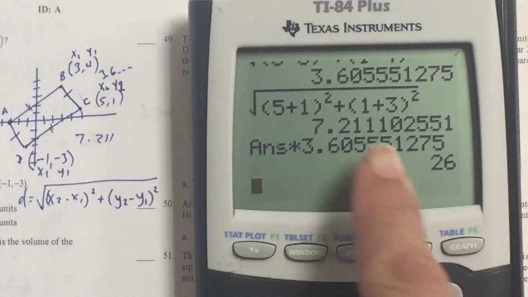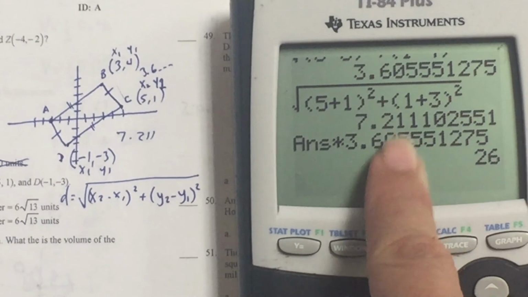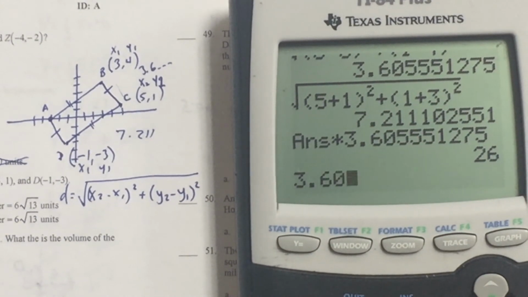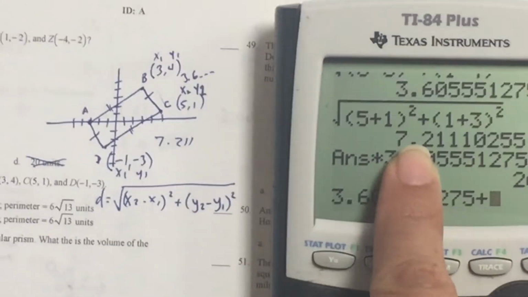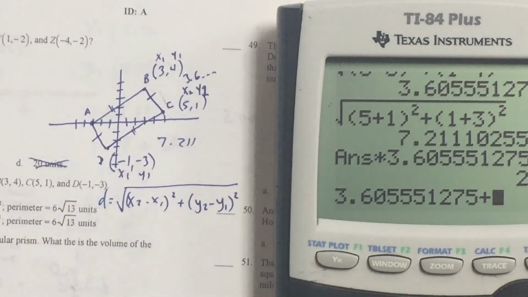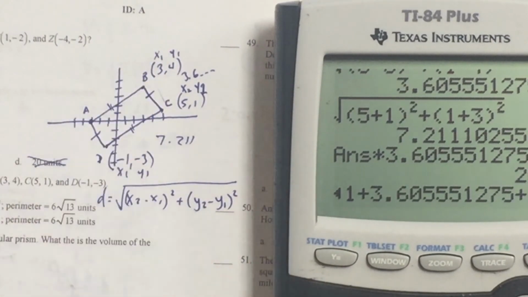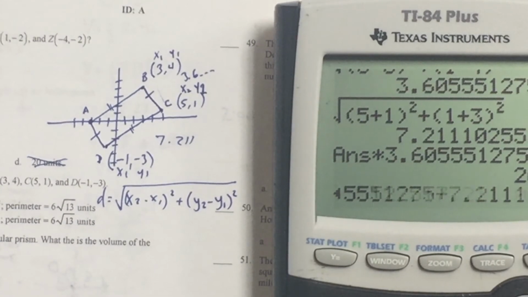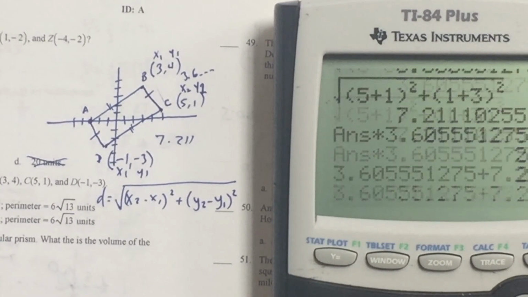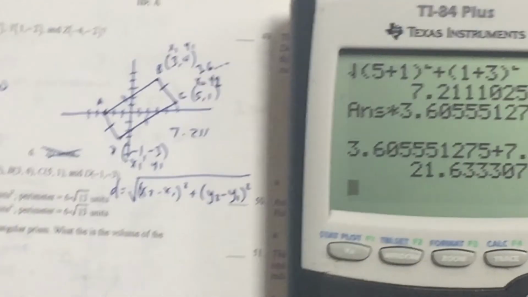So we're going to have 3.60555125 plus 7.211102551, plus this, which is 3.6, plus this, which is 7.2, which is 21.63.